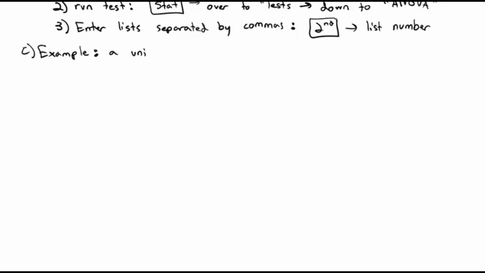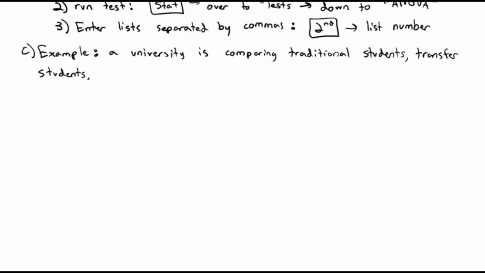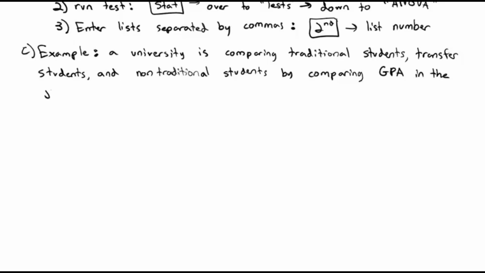A university is comparing traditional students, transfer students, and non-traditional students by comparing GPA in the junior year.